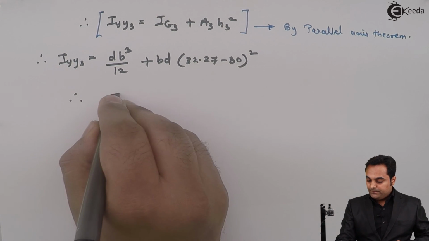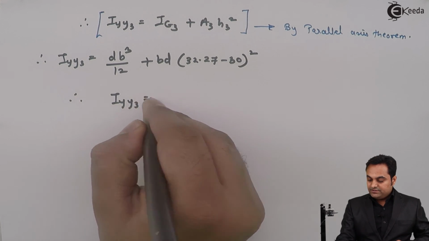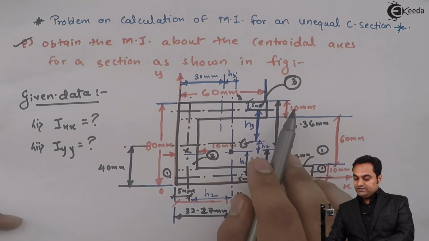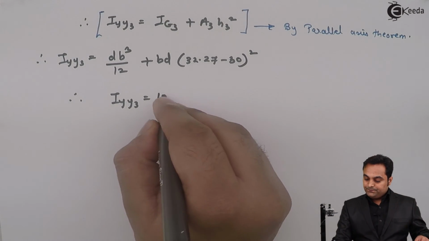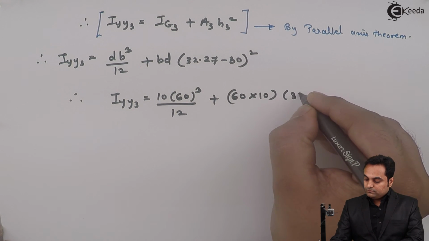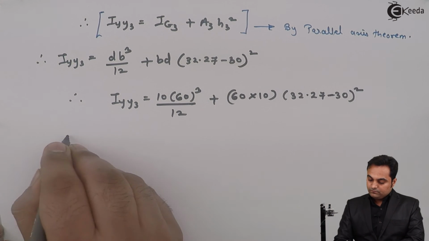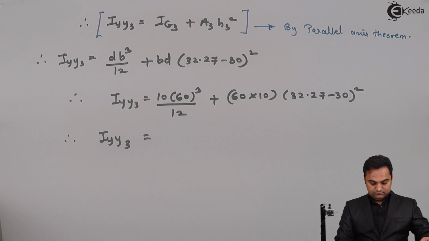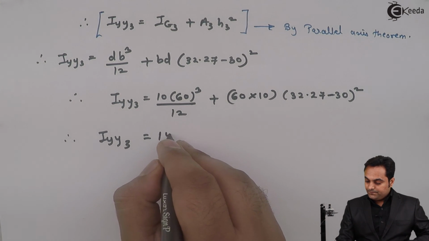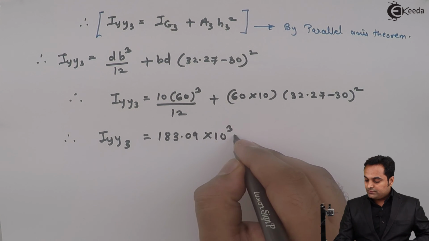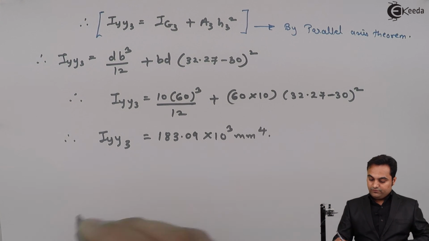So therefore Iyy3, here D is 10, B is 60. So Iyy3 value will be 183.09 into 10 raised to 3 mm raised to 4.